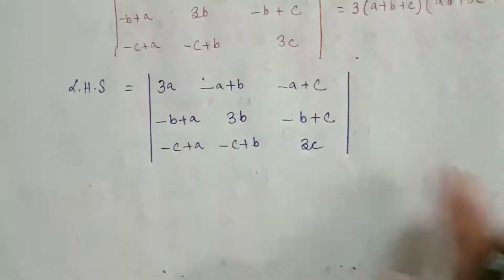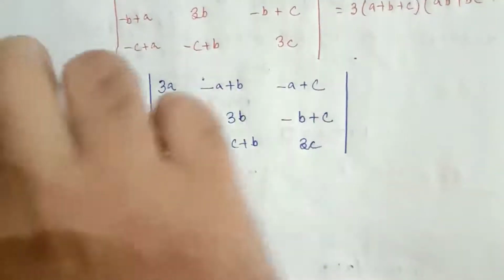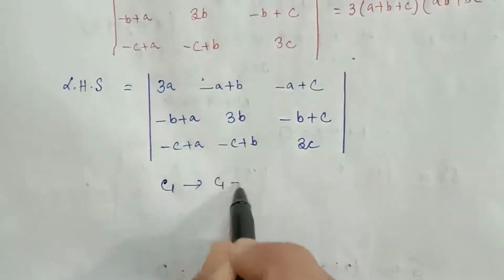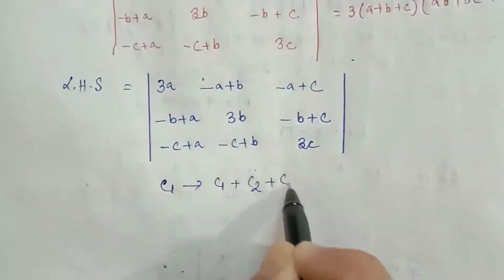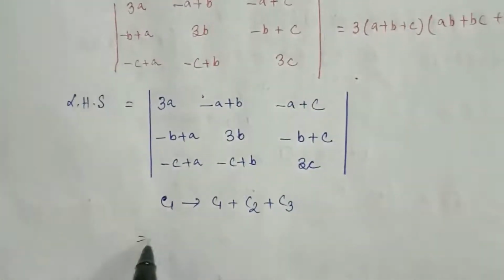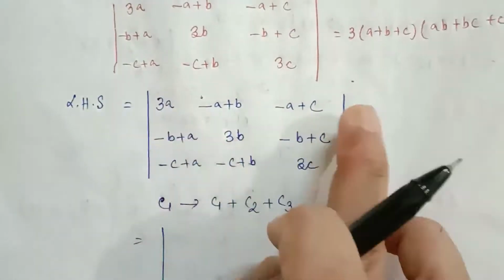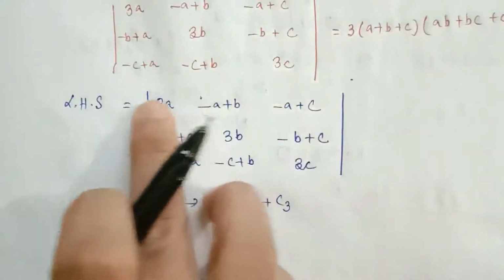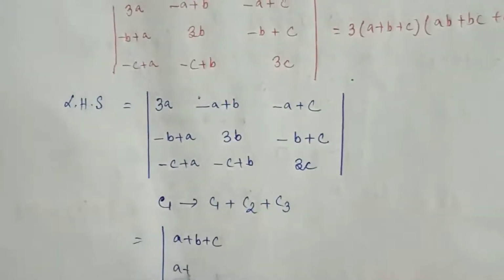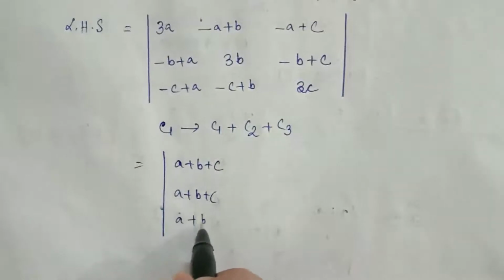So replacing and adding in this way, we have to replace c1 by c1 plus c2 plus c3. Our first column will change: this plus this plus this will be a plus b plus c. This element will be a plus b plus c, and this element also will be a plus b plus c.